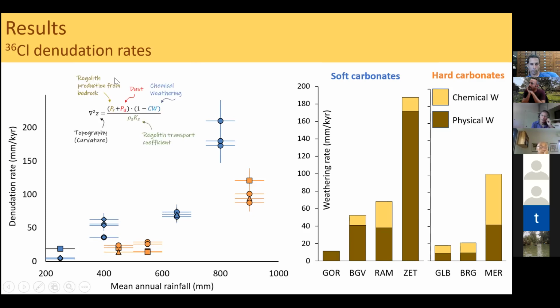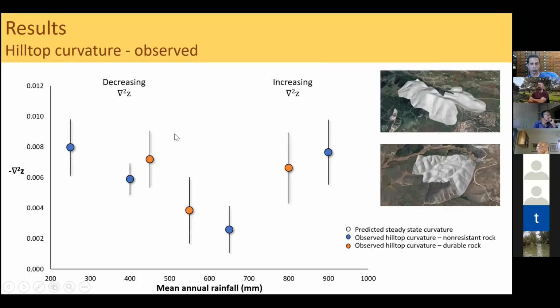Okay, so I showed you how we quantify results from all the fluxes that we have, and we are only left with the topography, the actual curvature of the landscape. And as I said, we used topographic analysis from high resolution topography. What we found is that as we go from the dry south to the north, the convexity of the landscape decreases.